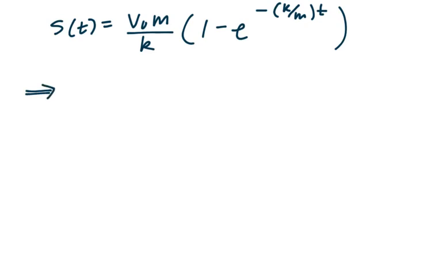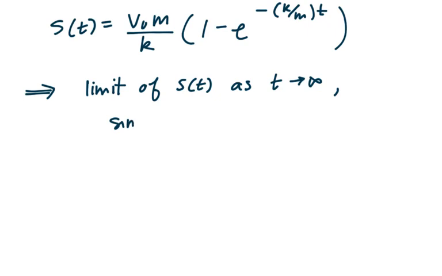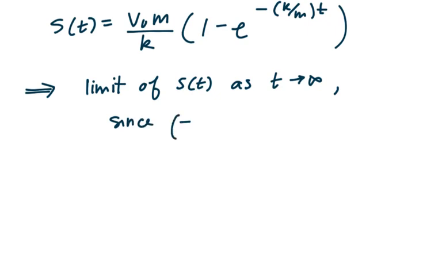So furthermore, what we can say is the limit of S of t as t goes to positive infinity. So as t becomes exponentially large, and then also, since k and m are both initially positive, we can say that negative k over m is always going to be less than 0.